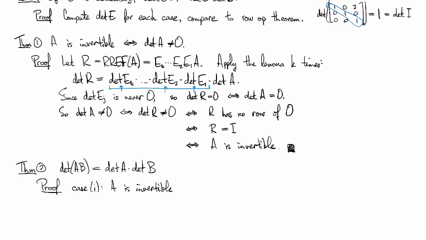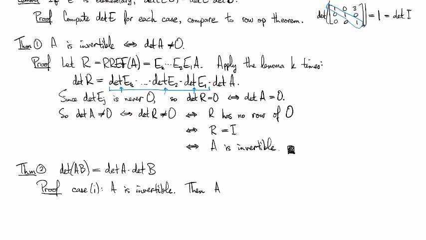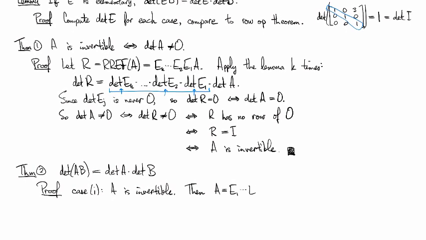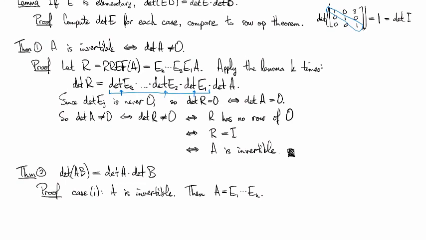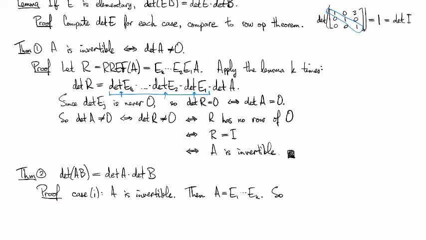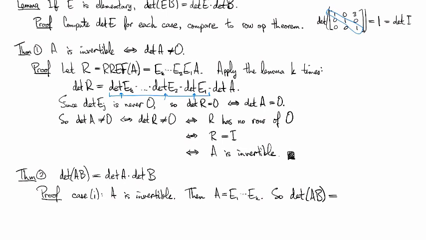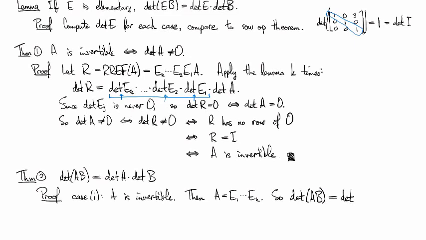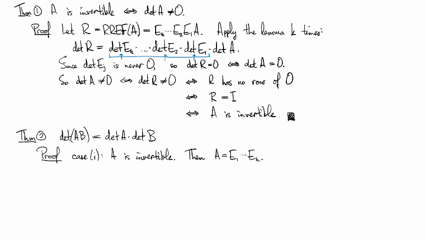Then from our characterization of invertibility theorem, A looks like some product of elementary matrices. If we look at the determinant of A times B, I'll use that expansion.